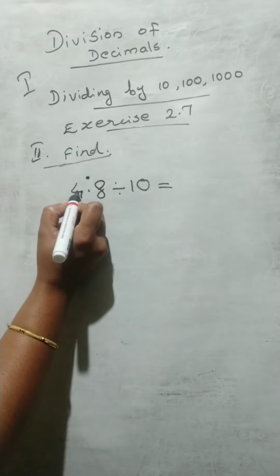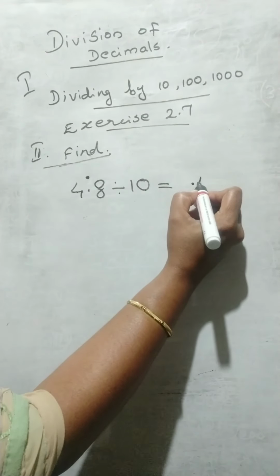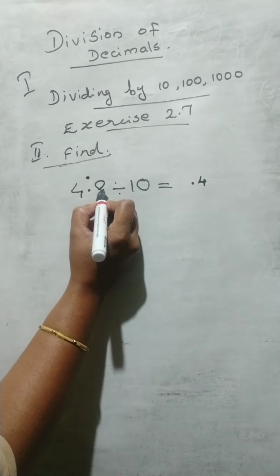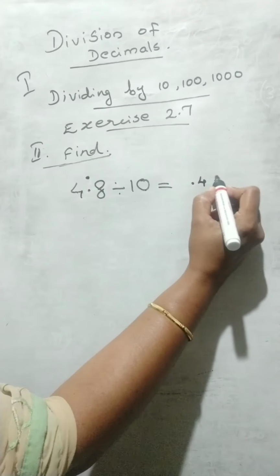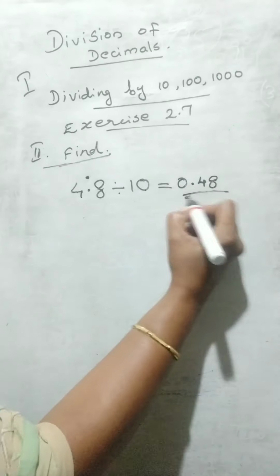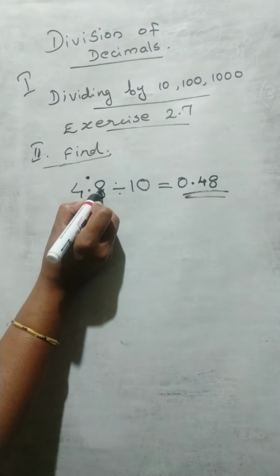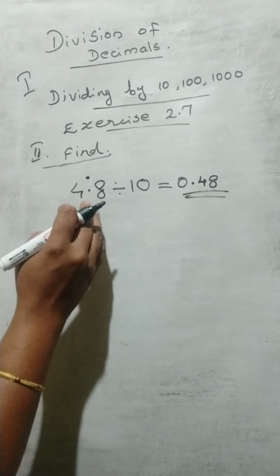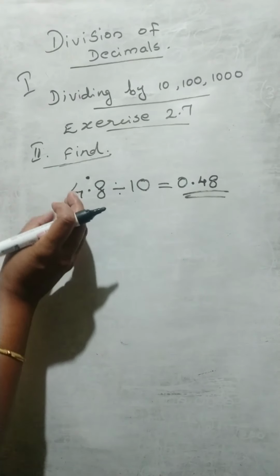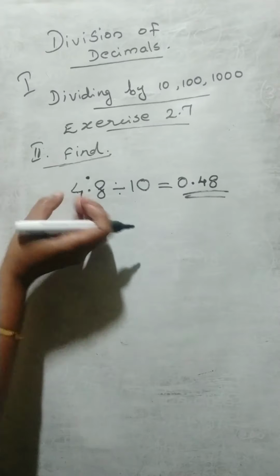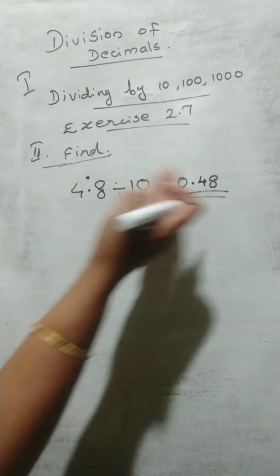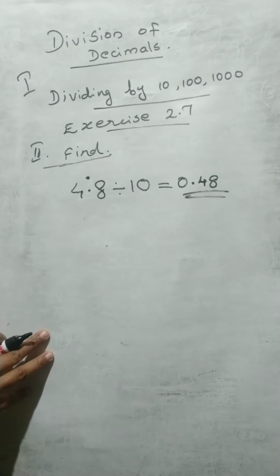Take a digit before the decimal point and write it after the decimal point. Which digit is there after the decimal point? That we have to write there itself. We don't need to count how many digits are there after it. We keep the number after taking the digit from before the decimal point.